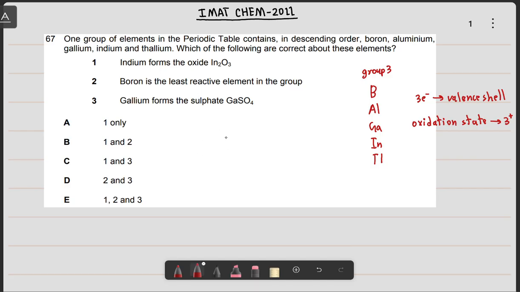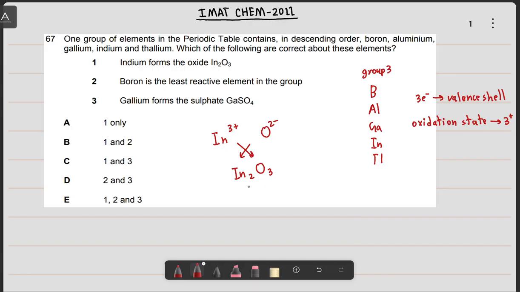So let's identify if this compound is correct. Indium is 3+, the oxidation state, and oxygen is -2. If we try to balance the overall charge, indium is 2 and oxygen has 3 in this compound.